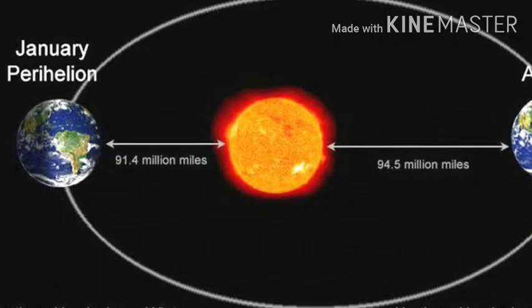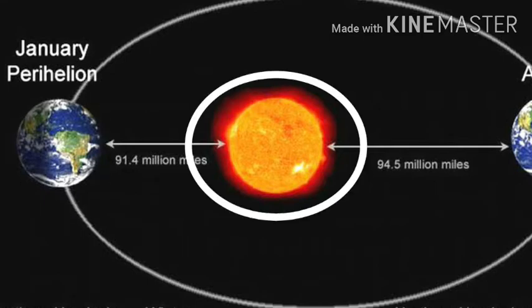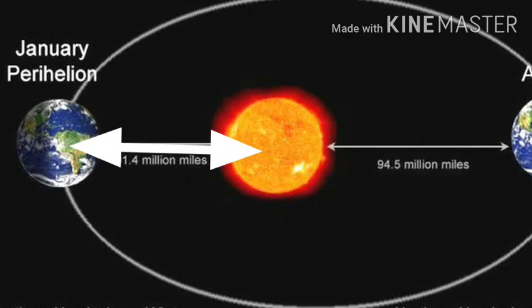Next is perihelion. So what is perihelion? When the distance between Earth and Sun is minimum, that is called perihelion. The word perihelion is derived from the Greek words peri, that means closer, and helios, that means sun.